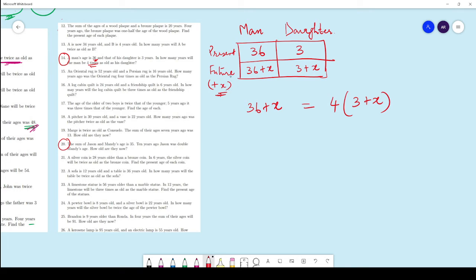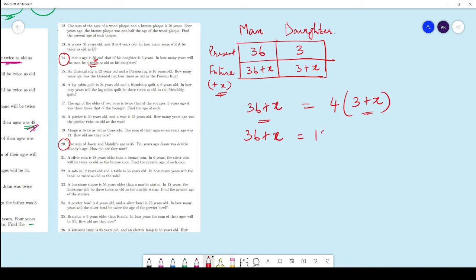They are just asking us to find out in how many years the man is going to be 4 times the age of his daughter. So the age of daughter in x number of years is going to be 3 plus x, whereas the man will be 36 plus x, right? The same number of years are going to be added to their ages. But the relation between their ages is such that the man will be 4 times the age of his daughter. So now we have the equation and we can solve it.